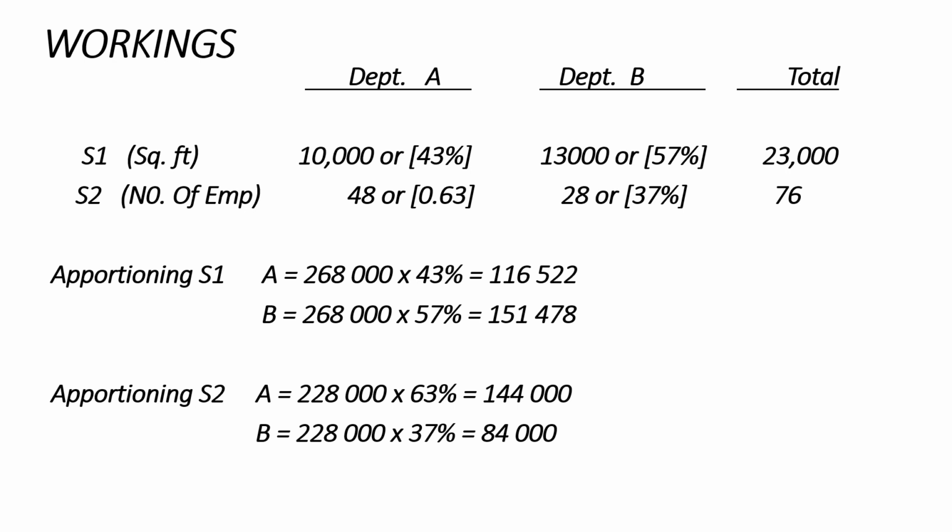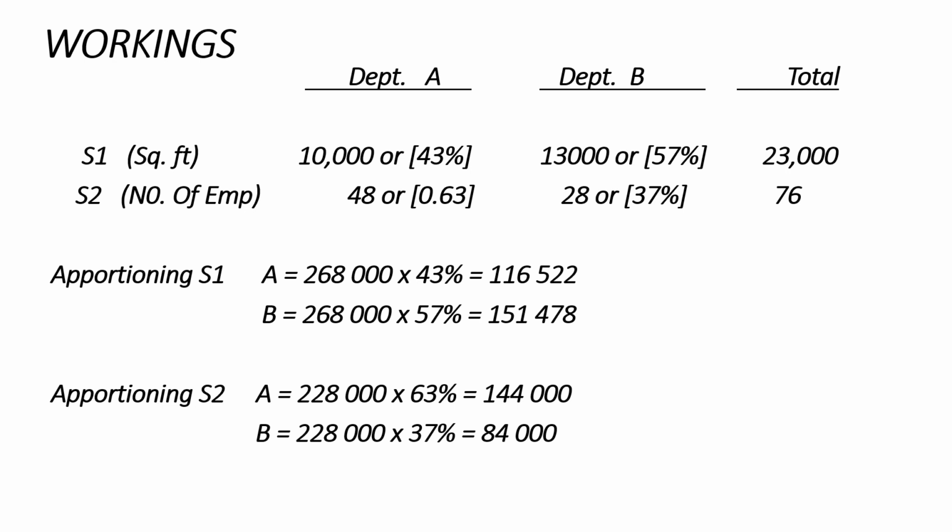Alright, we take a look at the workings. Now you can flip back and check that these figures are correct. I'm not going to do that in the video. In department A, the size is 10,000 square feet and 13,000 square feet for department B, giving a total of 23.